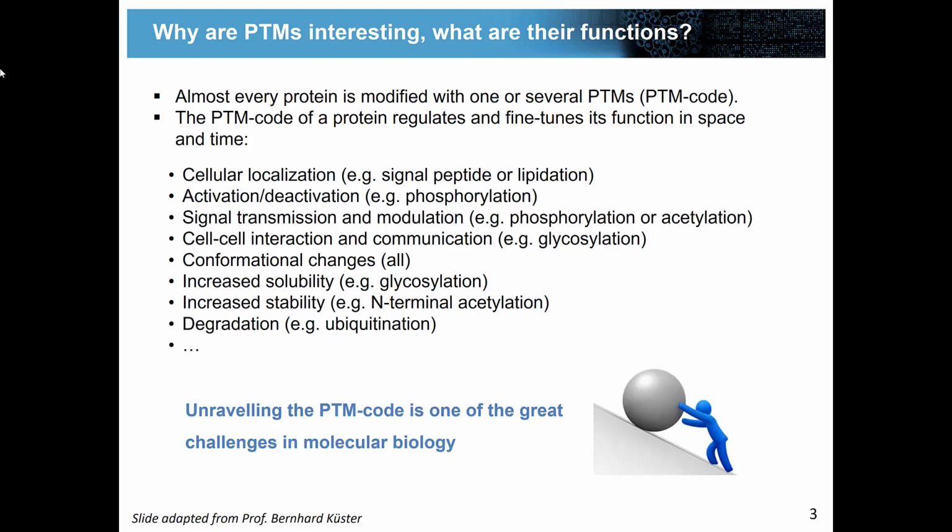And unraveling the PTM code, so understanding when a protein gets modified in time and in space, and how different PTMs are communicating with each other, how they crosstalk with each other, is one of the great challenges that molecular biology faces at the moment.